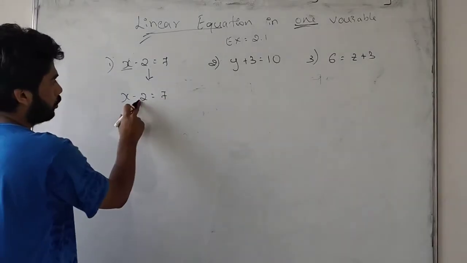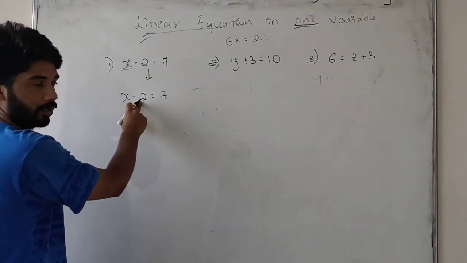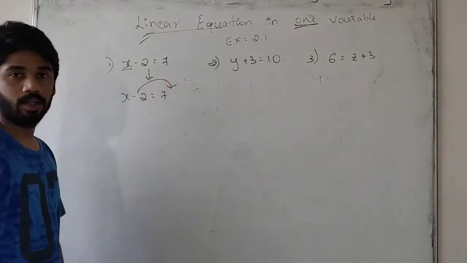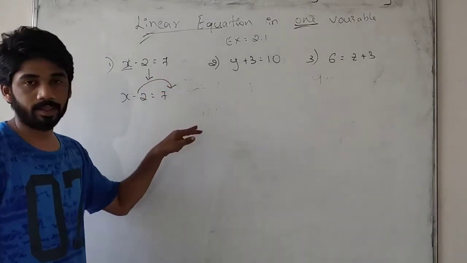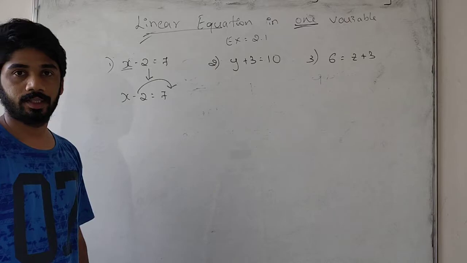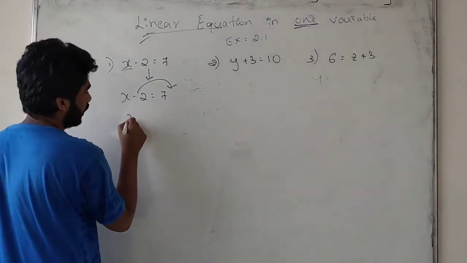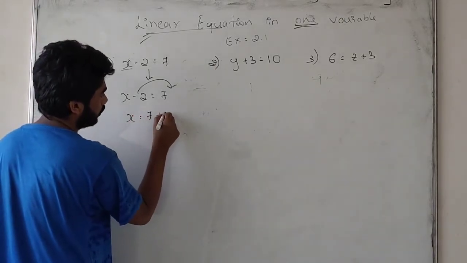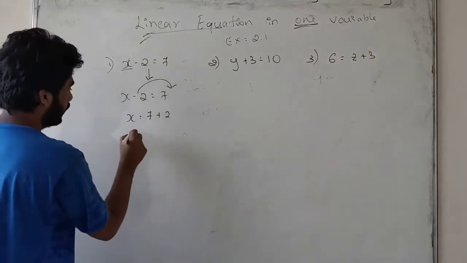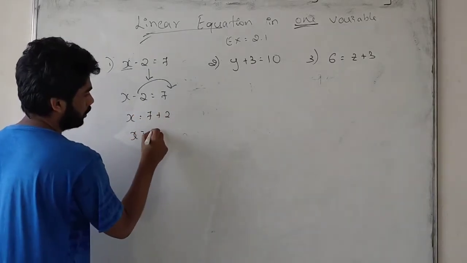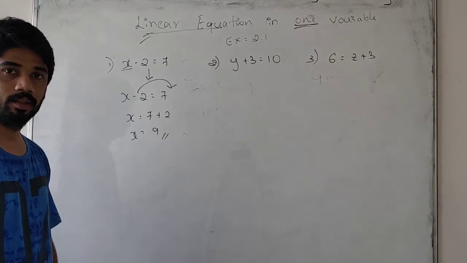We have to cancel this minus 2, so I will shift it to the other side. If you shift anything to the other side, the sign will change. Now x is equal to 7 plus 2, which means 9. This is the required answer.